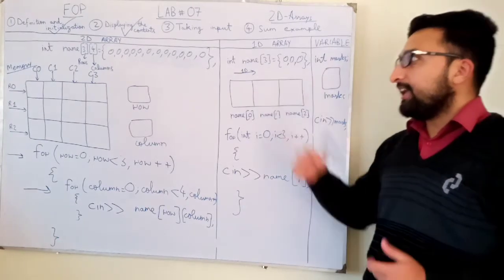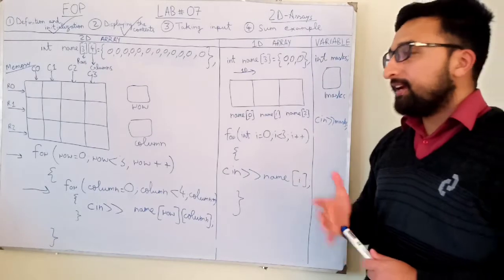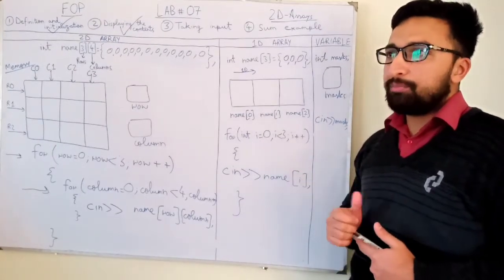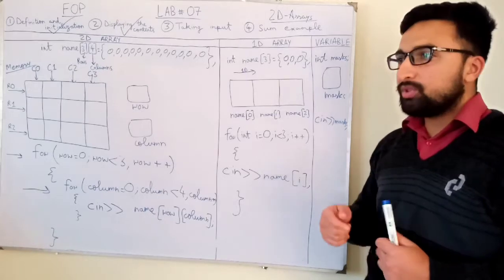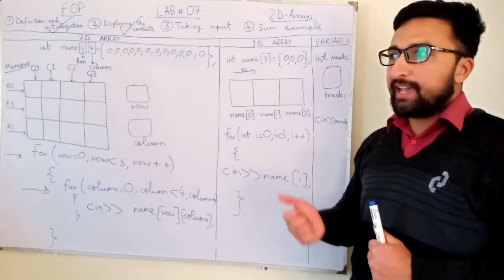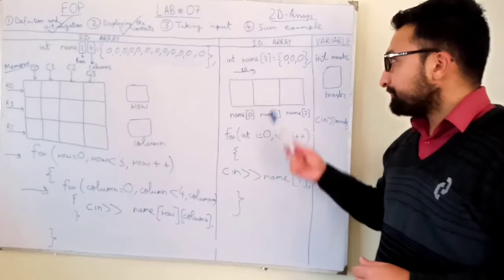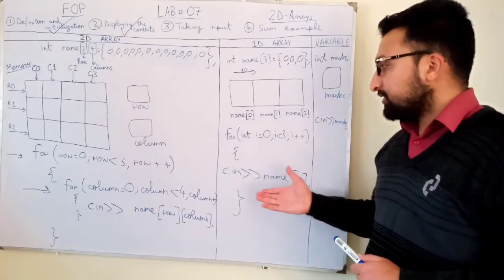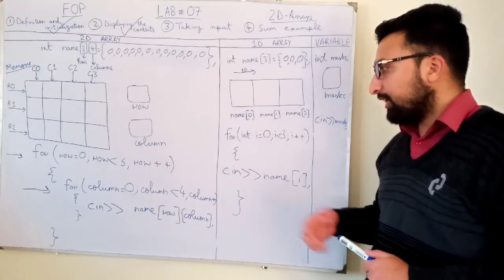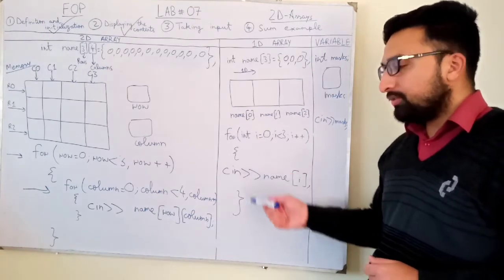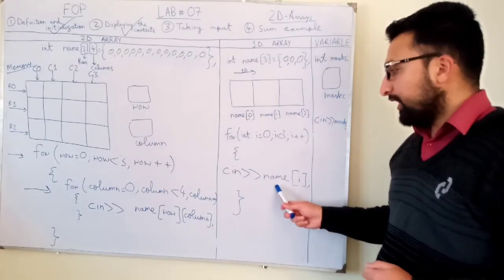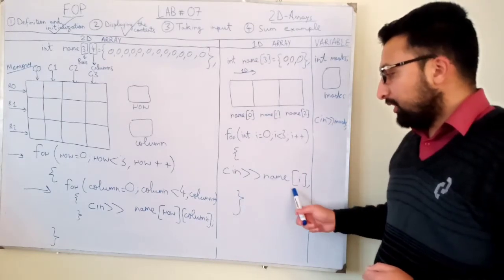Similarly, when we had an array, we used to define an array and initialize it with 0 maybe. The definition was important because when the user inputs some data, it has to be stored somewhere. So it was defined in such a way that as the user inputs the value, for example, through this for loop, i is firstly 0, so the input will be taken at name of 0.